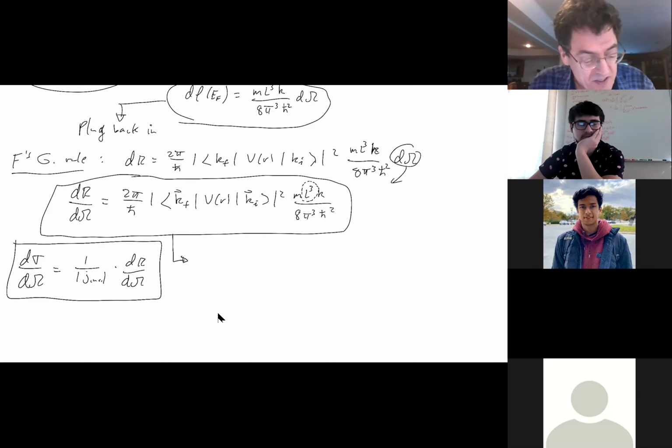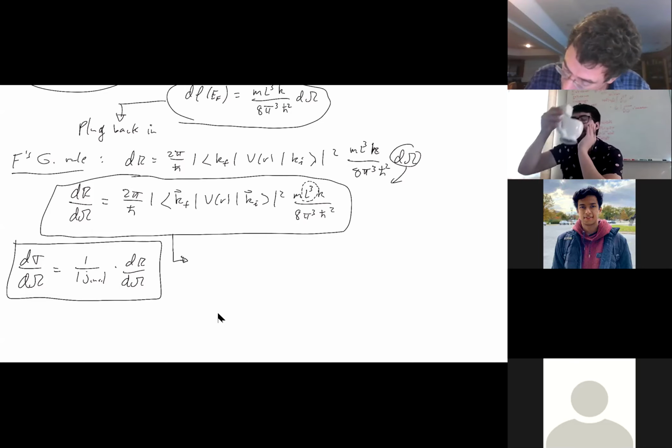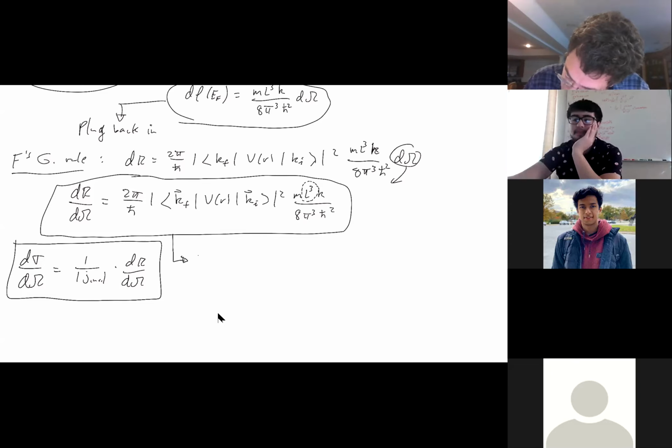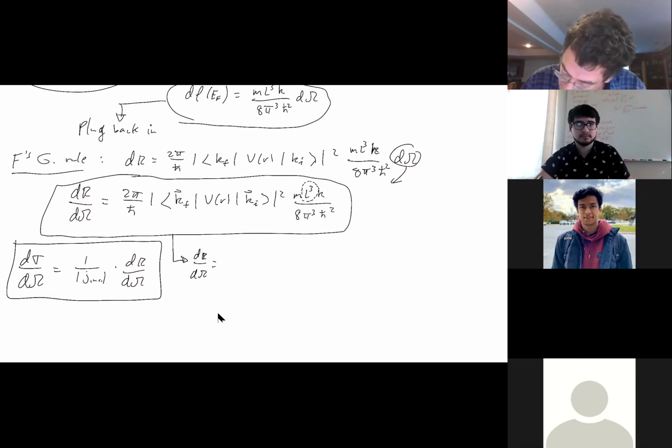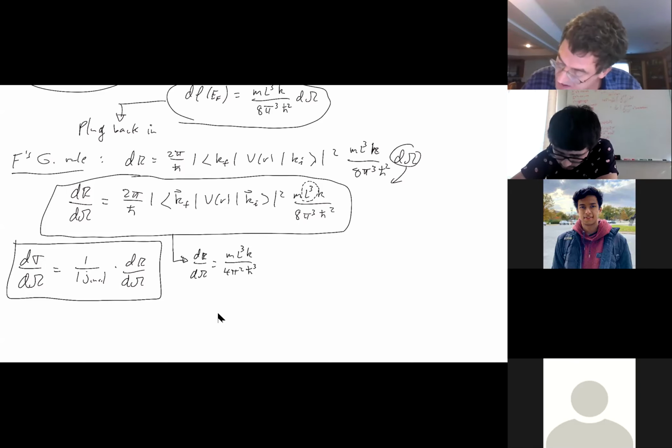If I move all these factors around, I can see that dR d omega is equal to m times L cubed times k over 4 pi squared times h bar cubed times, now let's write out this matrix element, because I want you to see all the factors.